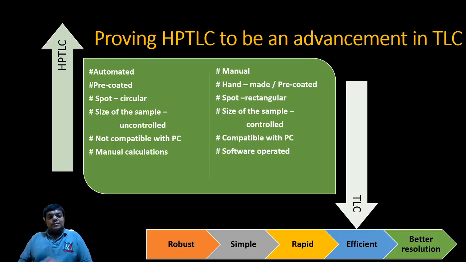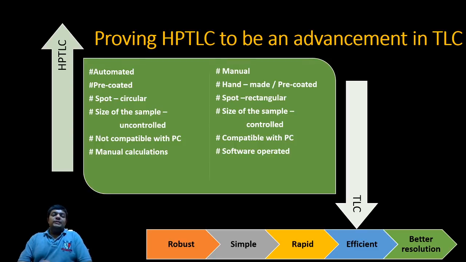On the basis of these properties of being automated, only pre-coated plates, a fixed spot size, length and breadth, size of the sample being controlled, compatible with PC and software operated, HPTLC becomes a more robust, simple, rapid, efficient, and better resolution technique compared to TLC, and this brings HPTLC to a more advanced level than TLC.